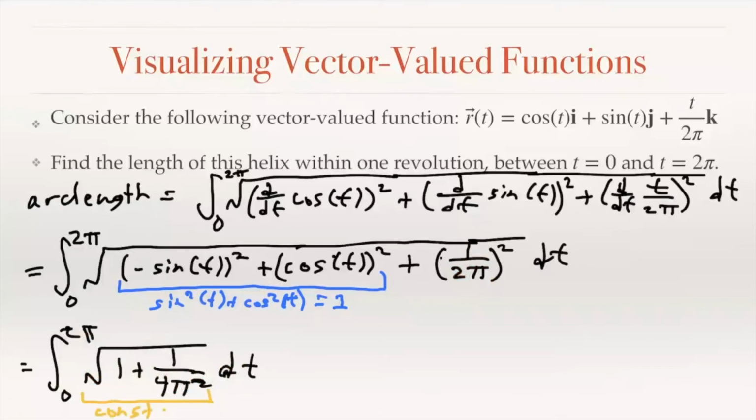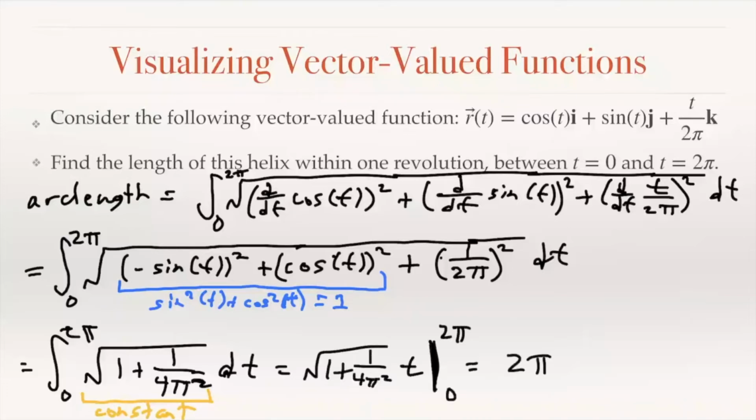And the integral of a constant, like the integral of 5, is just 5t plus c. Same thing here. This is just that constant, 1 plus 1 over 4 pi squared times t. And we are evaluating that between 0 and 2 pi. And that is 2 pi times the square root of 1 plus 1 over 4 pi squared.